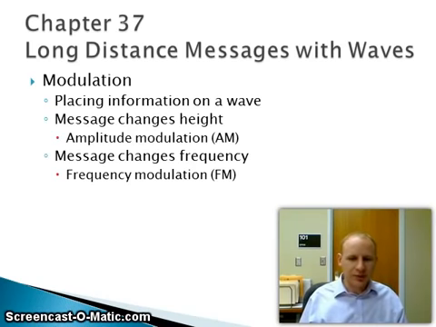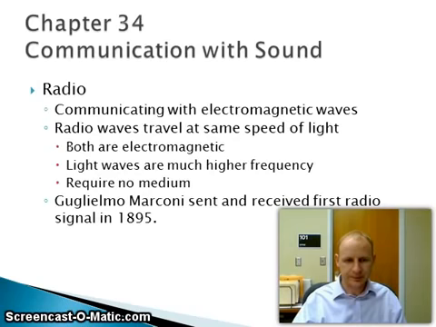So in amplitude modulation, we change the height of the wave, which is why we call it amplitude. Whereas with frequency modulation, FM, we change the frequency of it. And depending on how we change either the amplitude or the frequency, we can get different types of information, and it can be transferred over the airways in different ways.